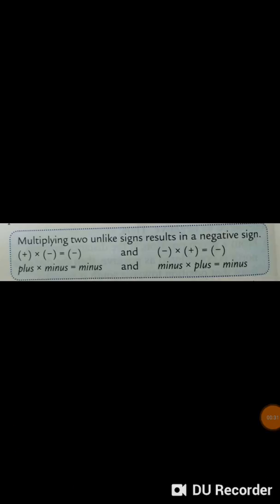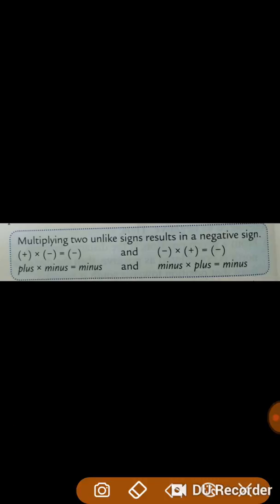Whereas when we multiply two integers with unlike signs, or different signs, the answer will always be a negative integer, which means that a positive and a negative integer will be a negative integer, and a negative integer multiplied by a positive integer will also be a negative integer.